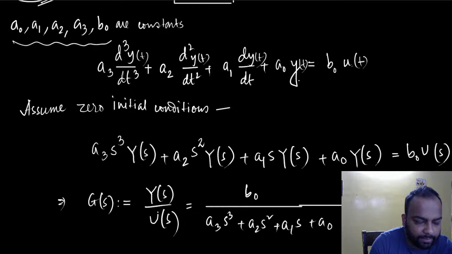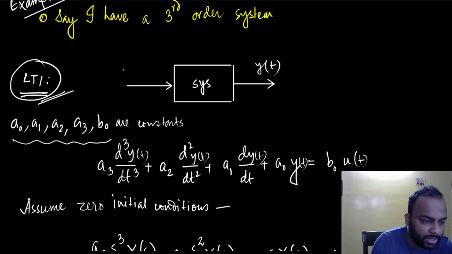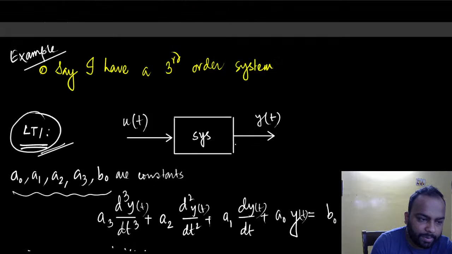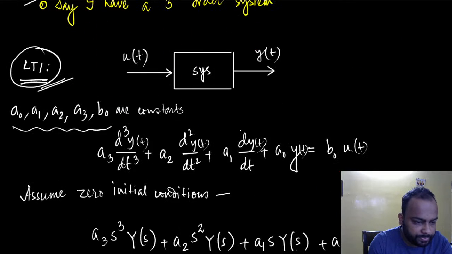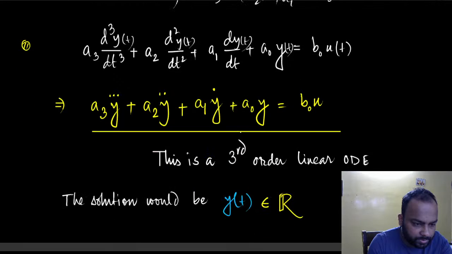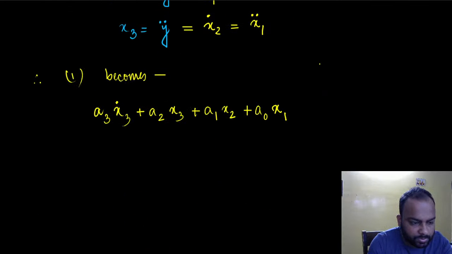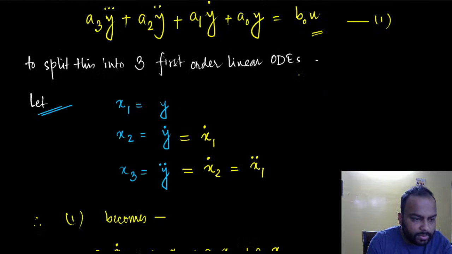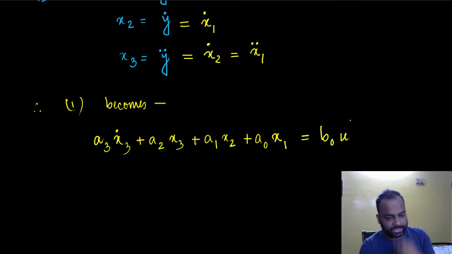I'm considering u to be the input; it could be any input. And that should be equal to b0 u for this purpose.